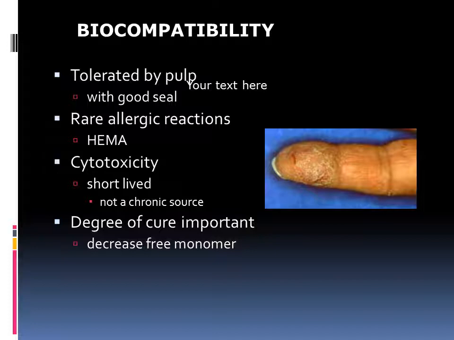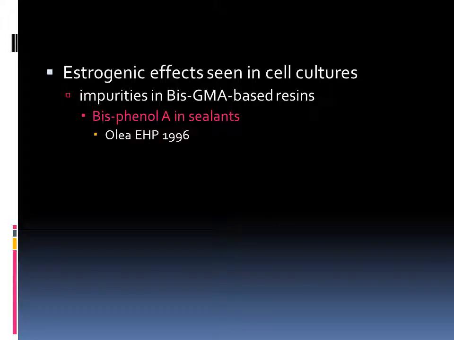Now let's move on to the biological aspect, the biocompatibility. So important thing is that it is well tolerated by pulp and forms a good seal. Rare allergic reactions, as with all materials, may occur. For example, HEMA. Cytotoxicity is short-lived and not a chronic source. Degree of cure is important, so it's important that the maximum degree of conversion takes place. So the free monomer is present in lesser amounts.